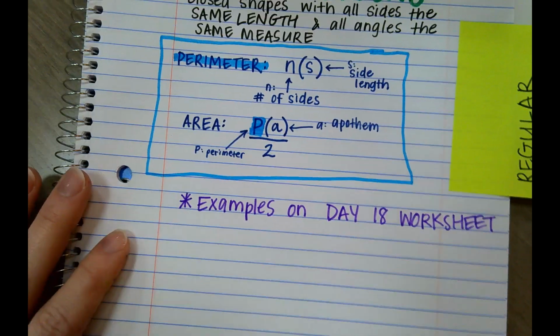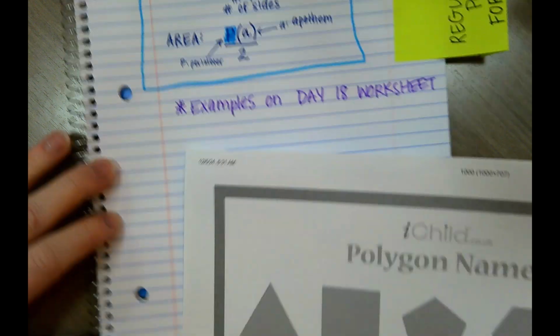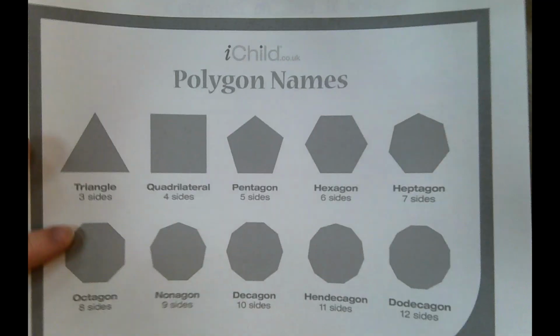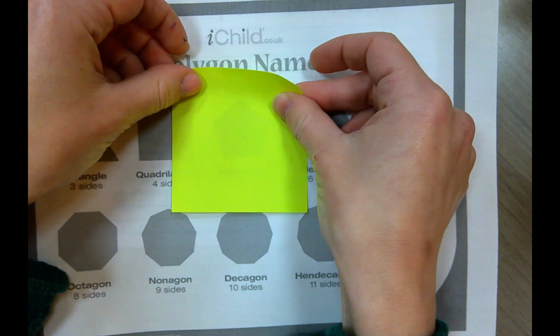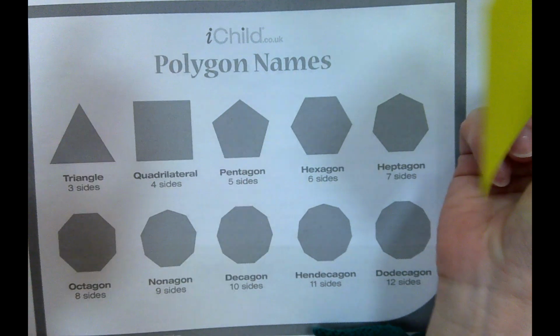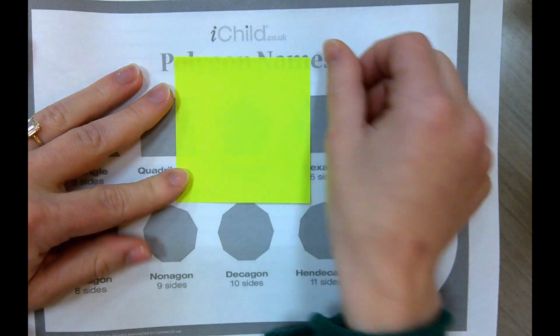I'm going to go back to my notes here, and I'm also going to grab my handout. I am going to see if I can trace the picture. I'm going to put a sticky note over the pentagon and trace it onto my sticky note the best I can.